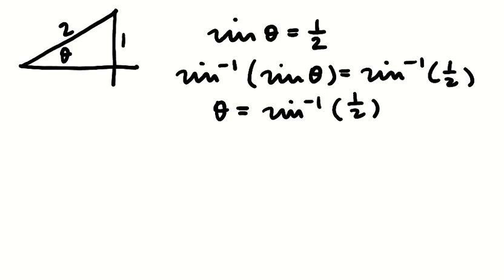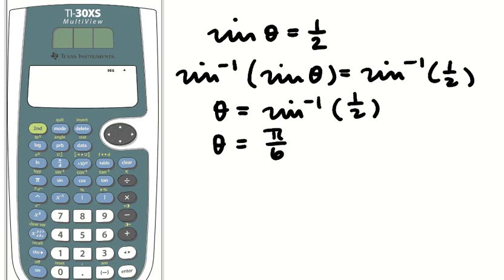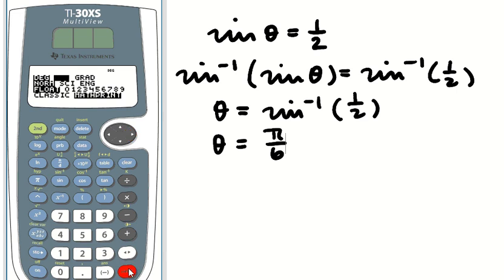Okay, now we know that 30 degrees is probably better said as pi over 6. And sure enough, if you go into your scientific calculator, you need it in radian mode, I suppose, you do inverse sine of 1/2, inverse sine of 0.5, you're going to get 0.52359.